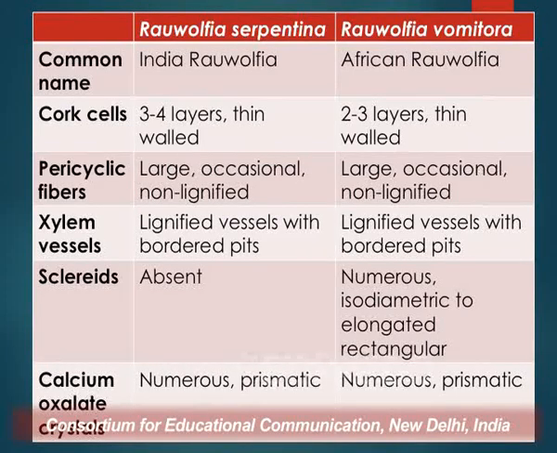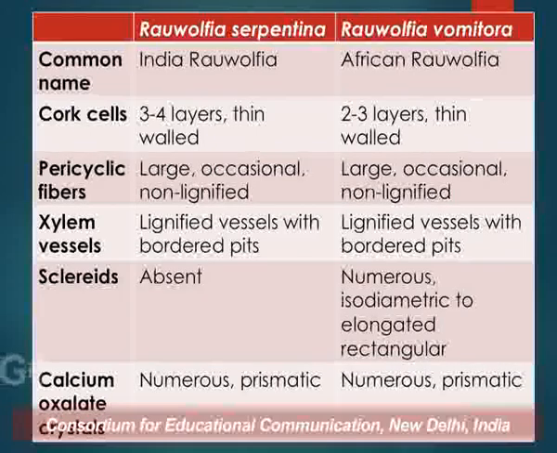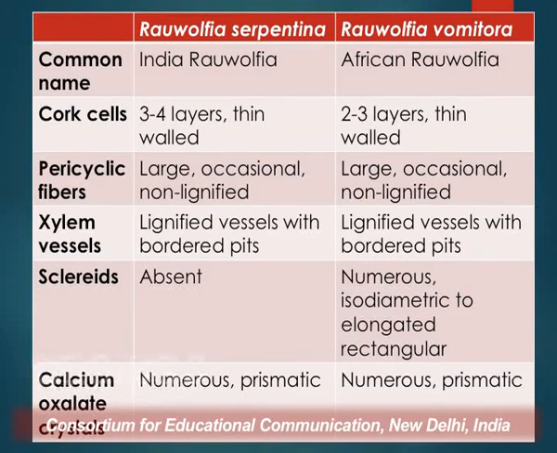So you can see in this table, Indian Rauwolfia is having 3 to 4 layers of thin-walled cork cells, whereas African Rauwolfia is having only 2 to 3 layers of thin-walled cork cells. Though the difference is there, it's very minor. Pericyclic fibers in both the cases are large, occasional and non-lignified.